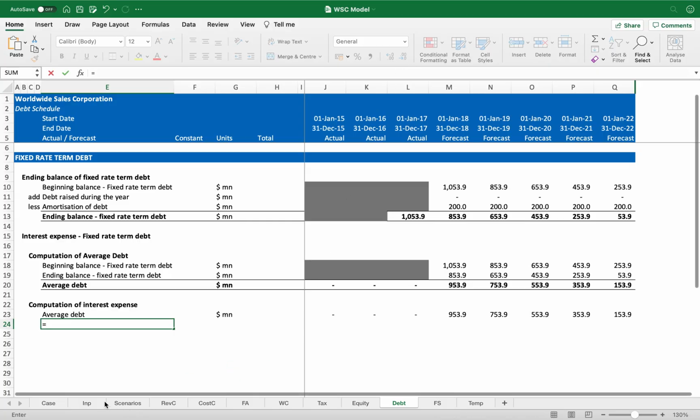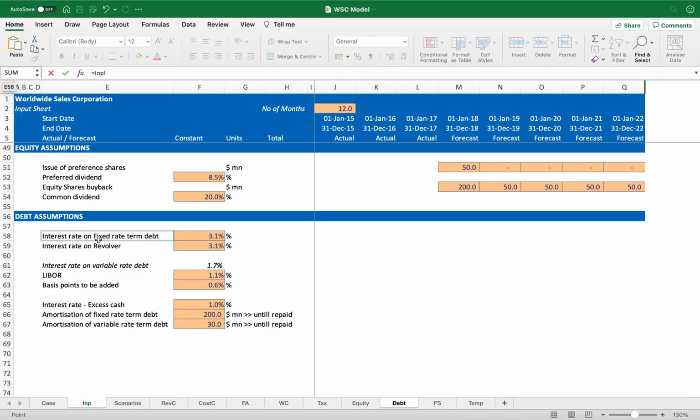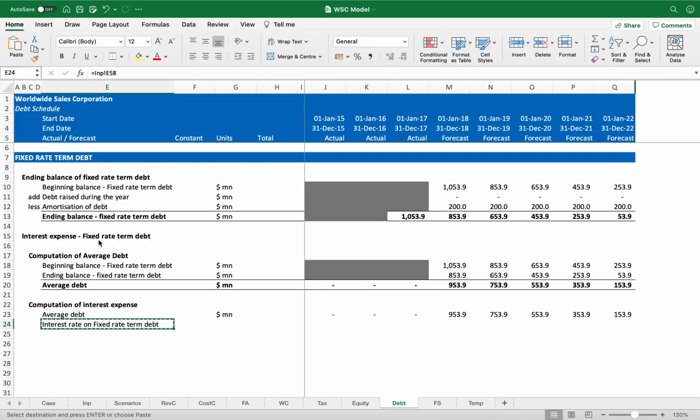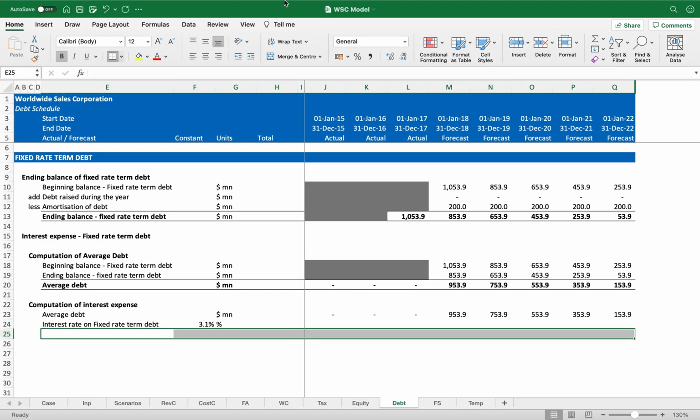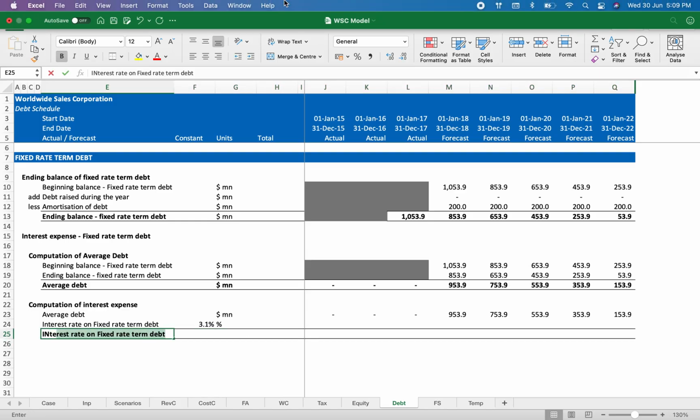And interest rate I can bring in from my input sheet, and compute the interest on fixed rate term debt.